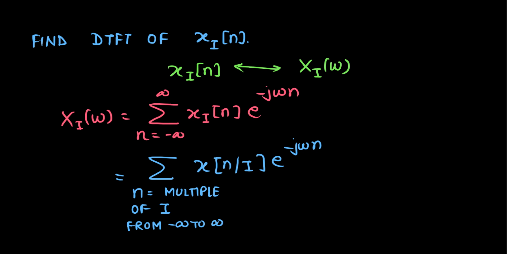Now suppose we make a substitution where this m is equal to n by I, then what we have is this n given as m into I. Now this m would be ranging from again minus infinity to infinity, and now as we had considered this m already having this n as a multiple of I, so we can just substitute the limits from minus infinity to infinity.